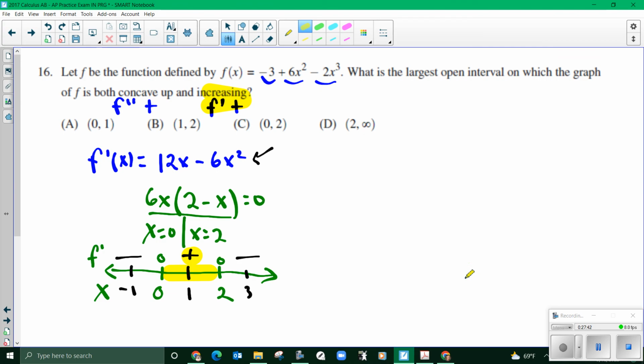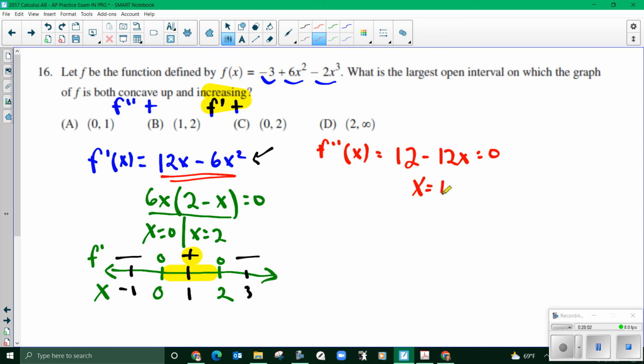I need to do the same thing for my second derivative. So let's go back. The second derivative, which is the derivative of the first derivative, is 12 minus 12x. Okay, and that equals 0 at only one spot, when x is 1. When x is 1, my second derivative is 0.